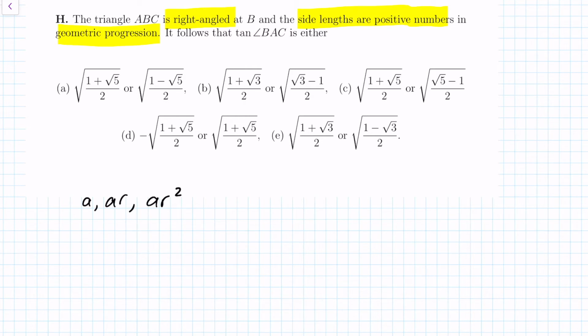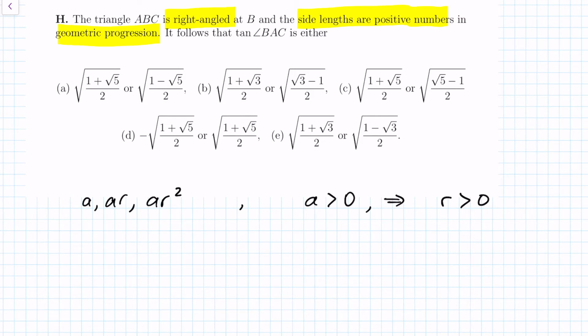What we can deduce from the given information is that the side lengths are positive, so since A is one of the lengths of the sides, A has to be greater than 0. And what is hidden here slightly is that this implies R must be positive as well. Why is that?